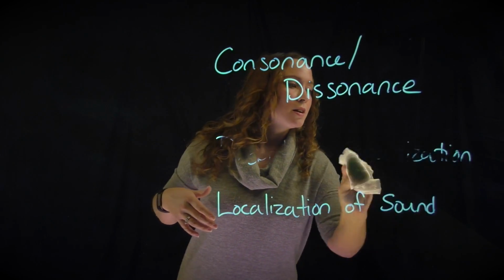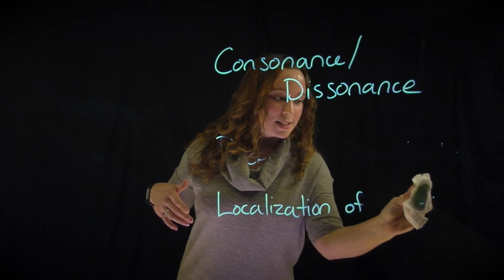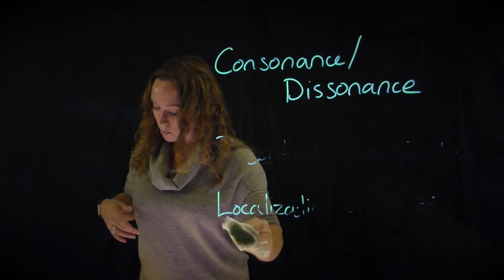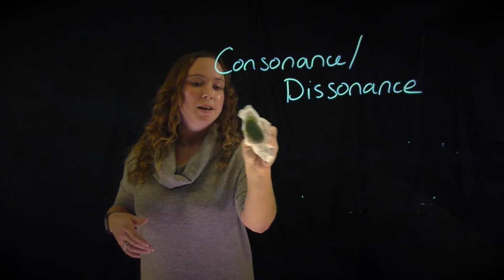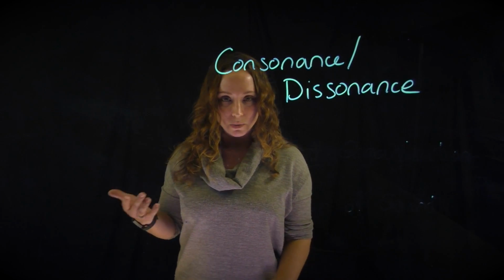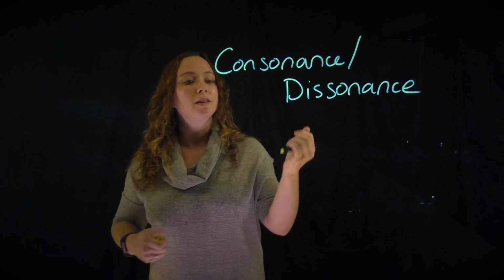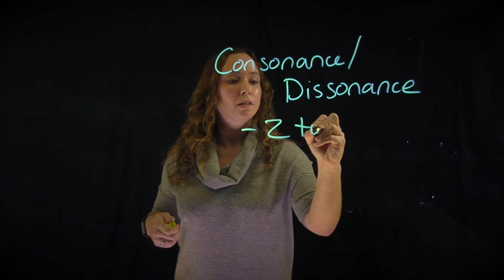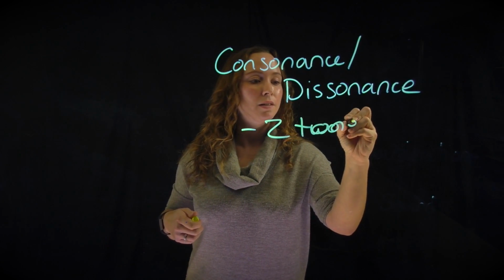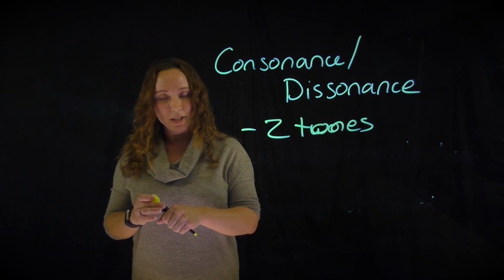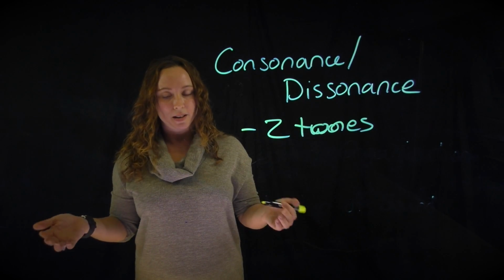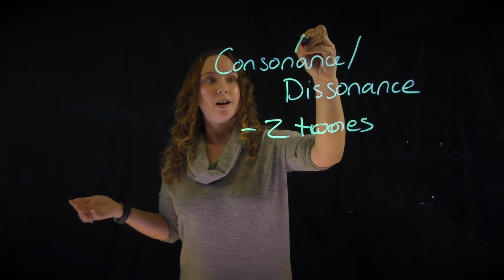Okay. So for consonance and dissonance, what we're really concerned with here is playing two tones at the same time, and more importantly, what happens when you play two tones at the same time. Essentially, if you play two tones at the same time and they sound really good together, we call that consonance.